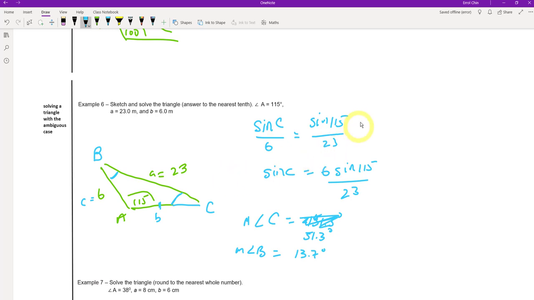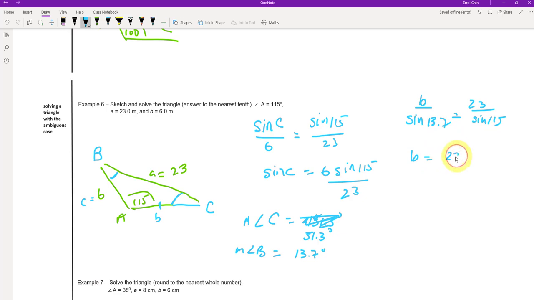Now, to find length B, I'm going to put length on top. B over sine 13.7 is equal to, and again, always use the original pair in your calculations, so it's going to be 23 over sine 115, and then we do the cross multiplication.